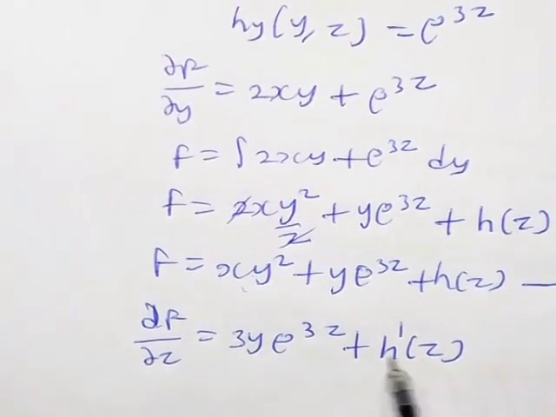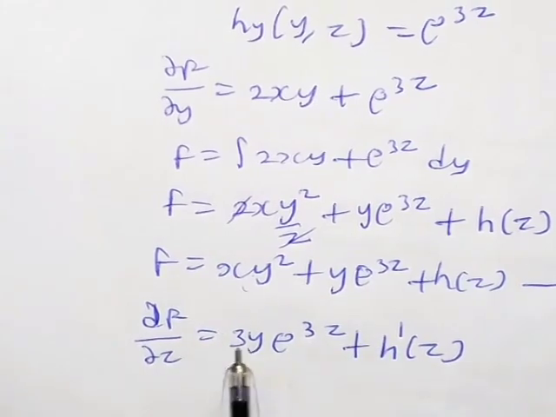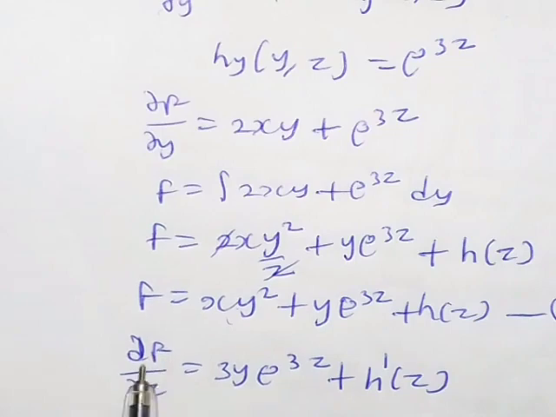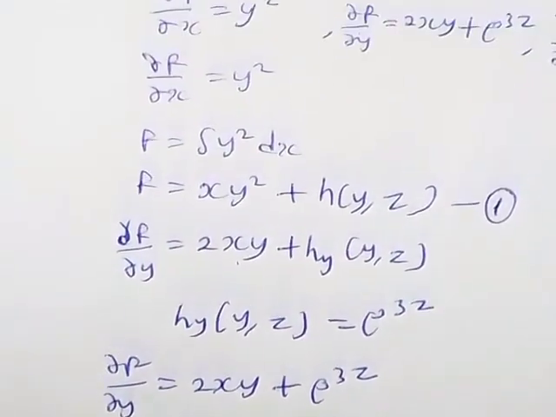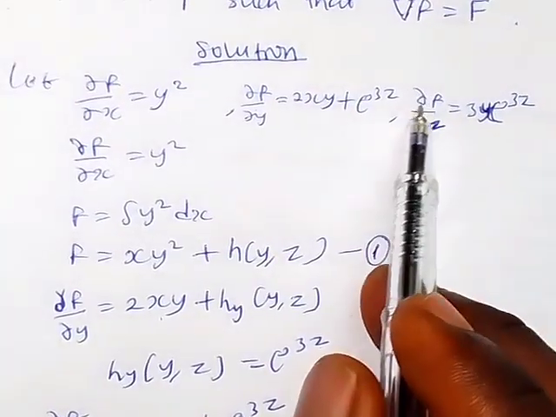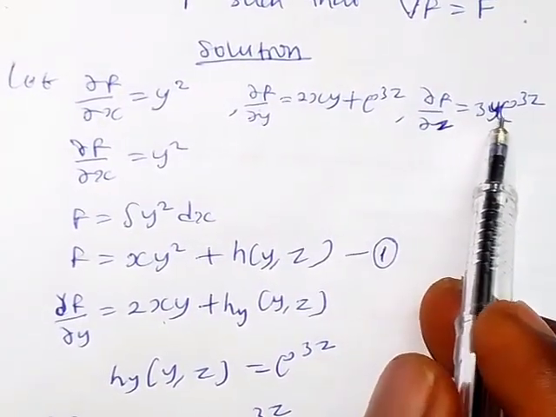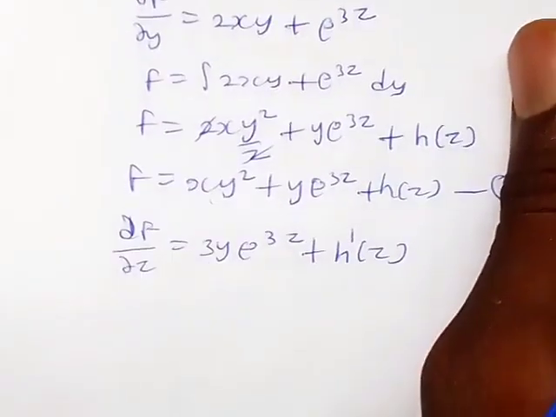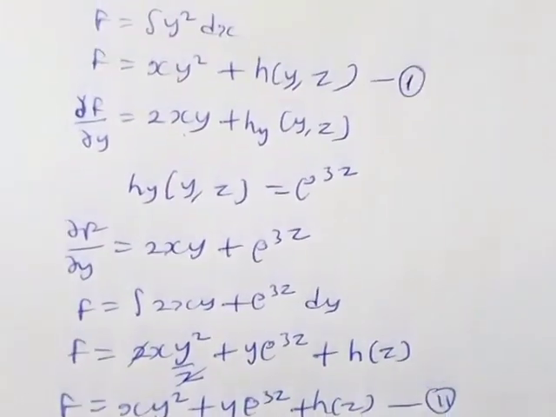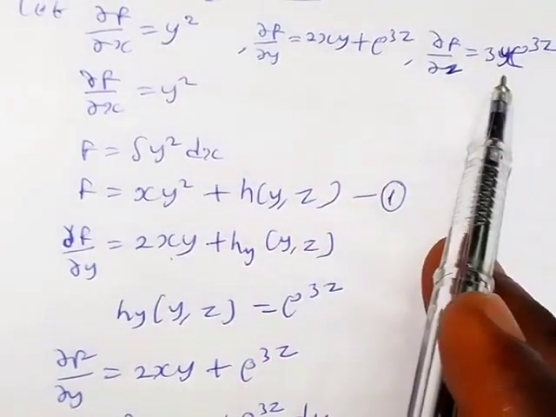So we obtain a beautiful expression here. So we can compare this, partial f partial z, with this that we obtained, partial f partial z, which is this. We have 3y exponential 3z here, and we also have 3y exponential 3z here.